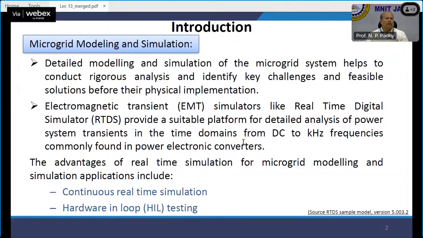The advantages of real-time simulation for microgrid modeling and simulation applications include continuous real-time simulation and hardware-in-the-loop simulation. Continuous real-time simulation is a kind of simulation study, but done at millisecond level in a continuous mode. And hardware-in-the-loop simulation, where you create a HIL simulation.